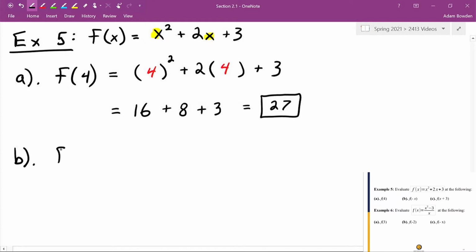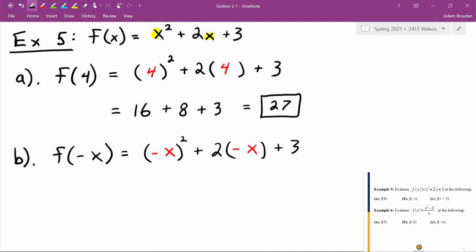The next thing we'll check is what happens if we do f of negative x. To do f of negative x, wherever x is located, I'm going to substitute in a negative x there instead. So it's going to turn into negative x squared plus 2 times negative x plus 3.